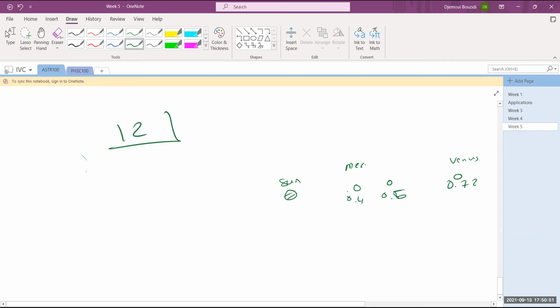And then at some other times, it brings it to 5.5. Remember, Jupiter is here, which is 5.2. So this is Jupiter. So at some point in its path, it's here at 5.5 AU. So this is its path.